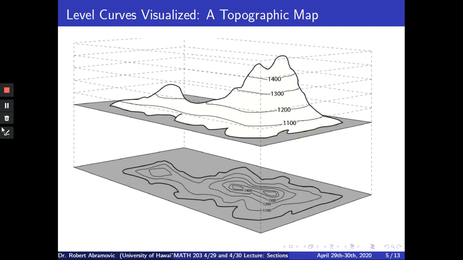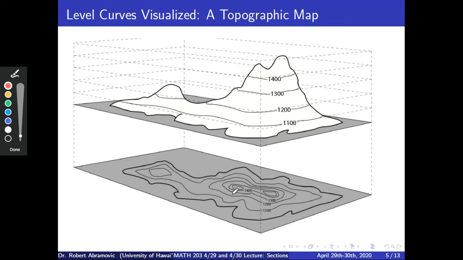Here's an example. Down here we have a topographic map on this two-dimensional paper. And as you can see, each of these is a contour line: 1100, 1200, 1300. These represent the height of the contour line above sea level.